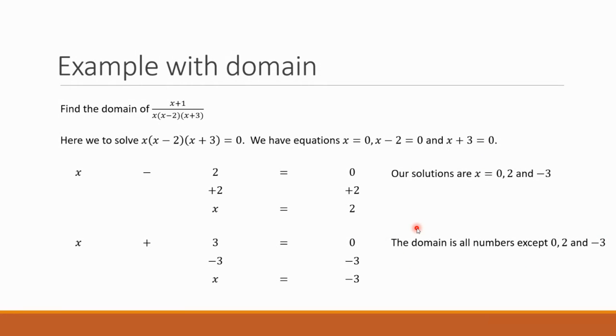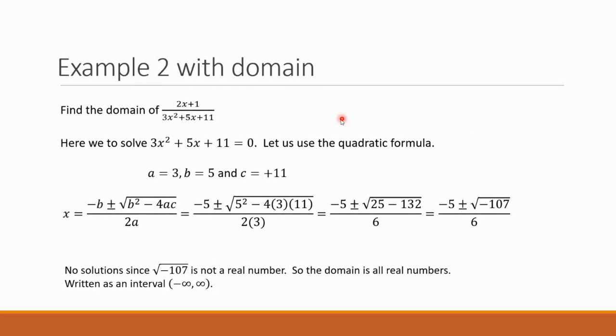Okay. Here's another one. Again, we have this denominator, and it's a quadratic, that is, its degree is 2. Unless I'm told otherwise, I would just solve using the quadratic formula. To find the domain, we set the denominator equal to 0.